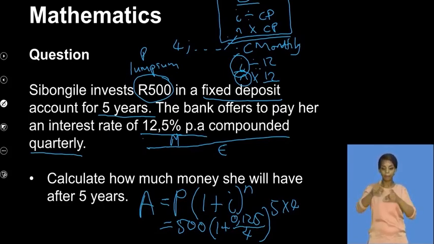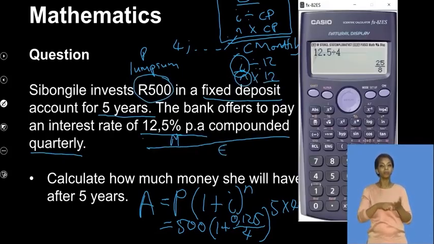Now, to just do this calculation, this is what I will then have here. So if I want to calculate this, it will be 500, and then I will open a bracket there.